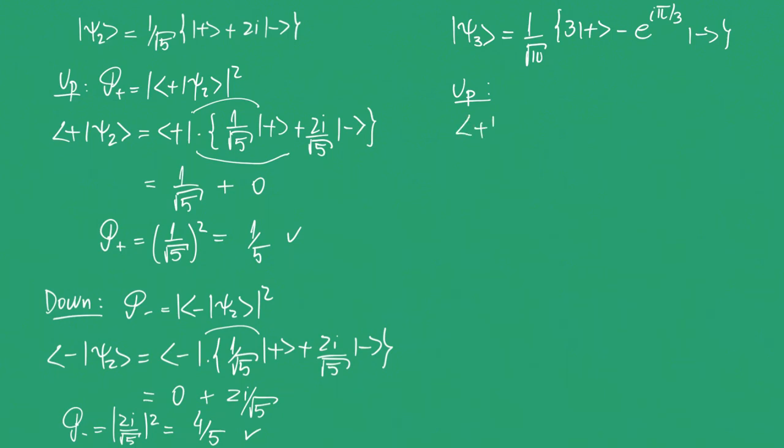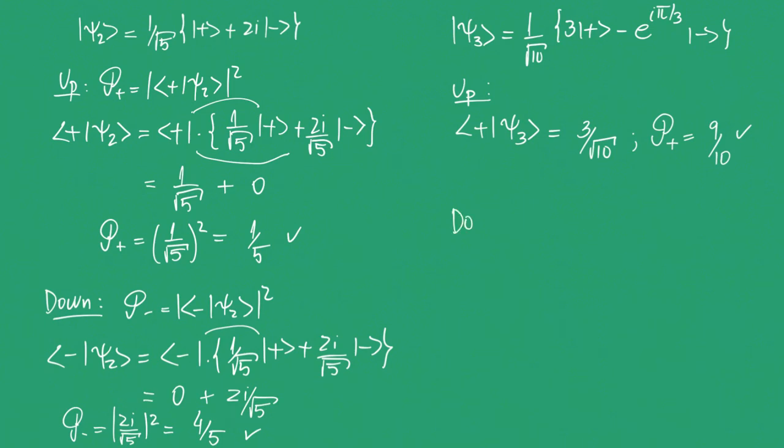The inner product that we have to calculate is this one, and if we do the calculation here, you will find 3 over square root of 10. Then if we plug it back to the expression for the probability of finding spin up, you will find 9 over 10. That's the probability of finding spin up.